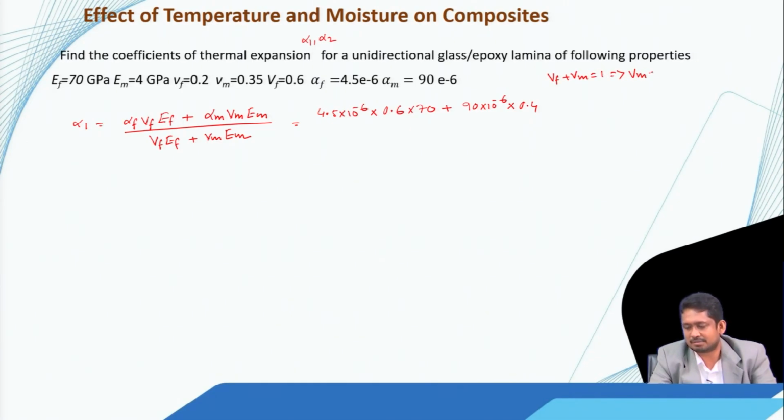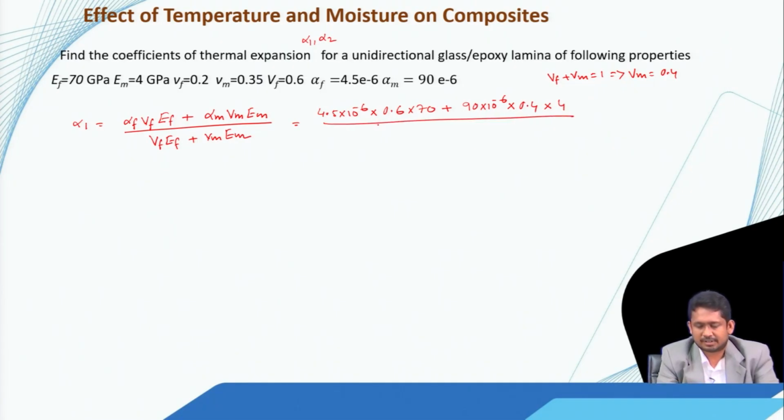So, this gives me that Vm is equal to 0.4, and then we have Em equal to 4 GPa. In the denominator we have Vf equal to 0.6 and Ef equal to 70 GPa and Vm equal to 0.4 and Em equal to 4 GPa.